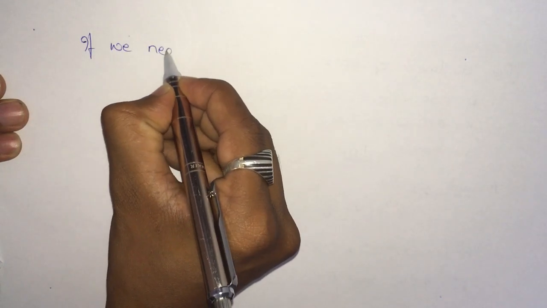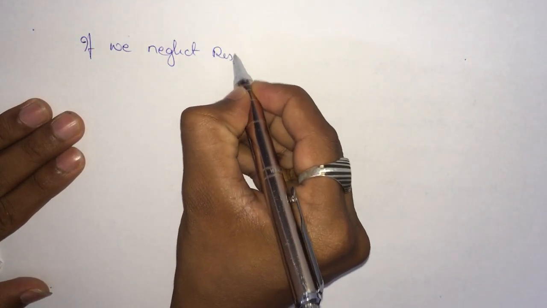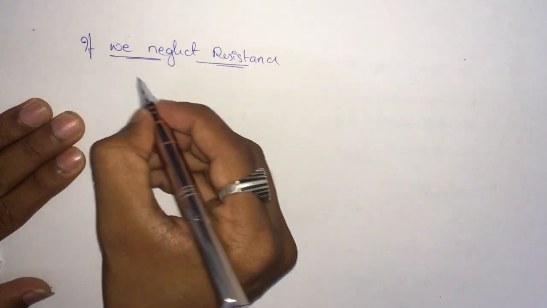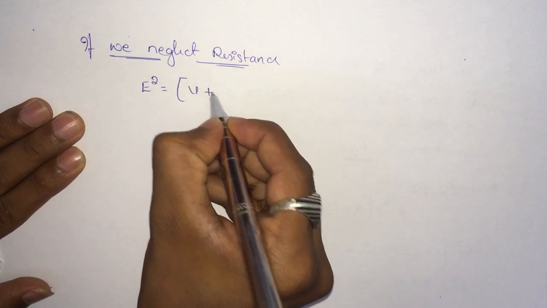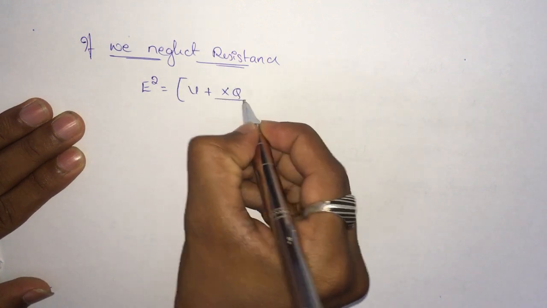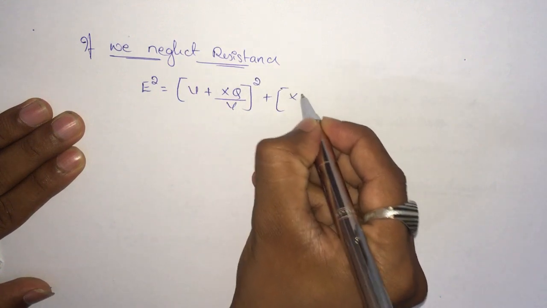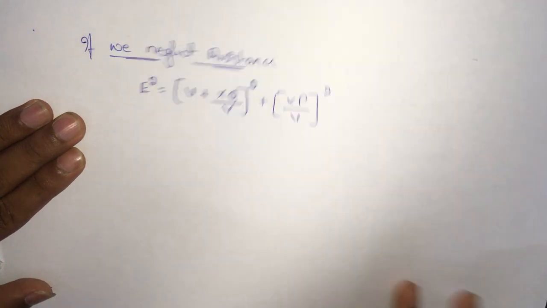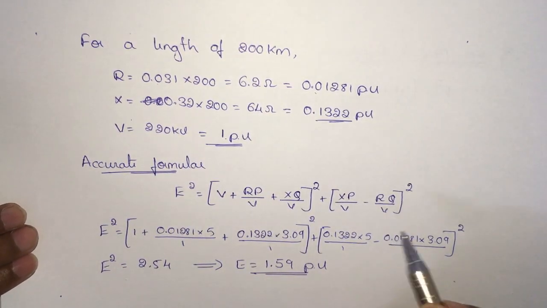If we neglect resistance, E square will be equal to V plus XQ divided by V whole square plus X into P divided by V whole square. Same accurate formula as we solved earlier, same formula neglecting resistance.